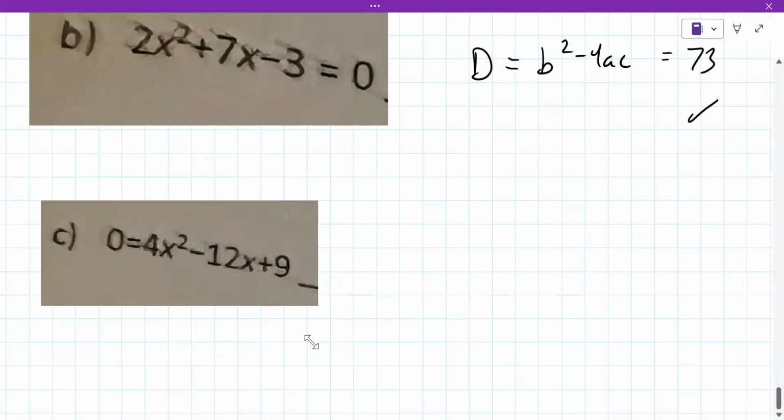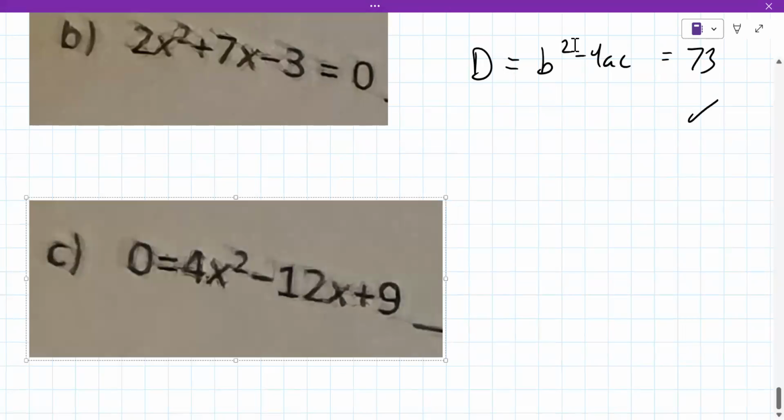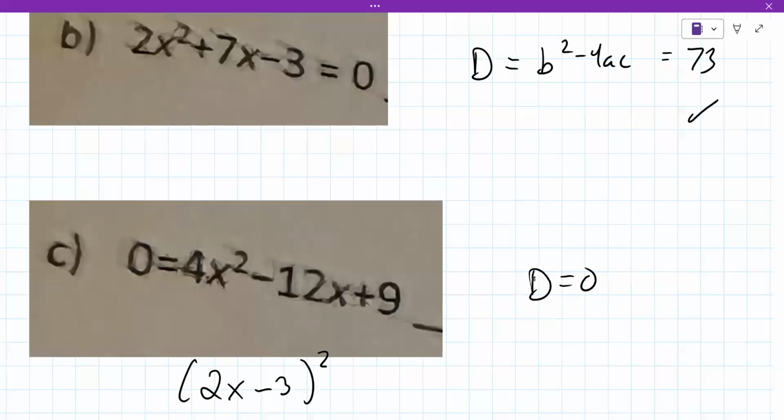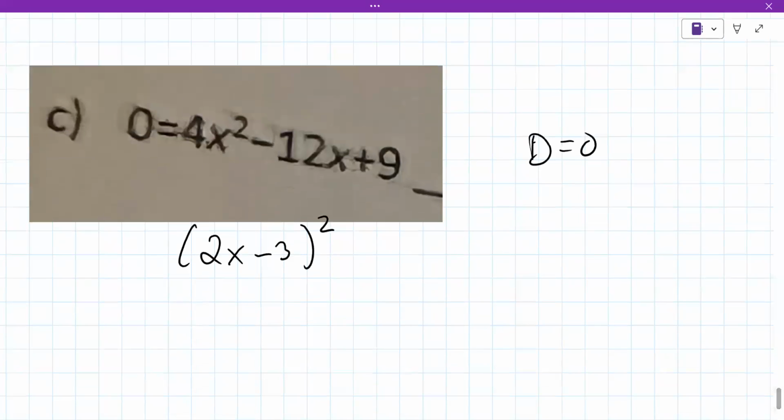All right, take a look at C. Let me know what you come up with. 144 minus 16 times 9. You'd get one solution because the discriminant equals 0. Yeah, this actually is a perfect square trinomial, 2x minus 3 squared. And that's why the discriminant is 0, because there's only one solution.